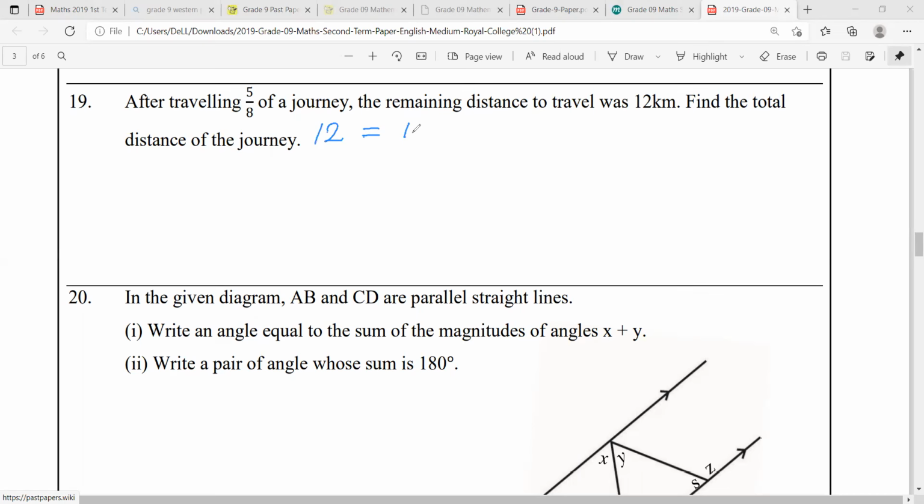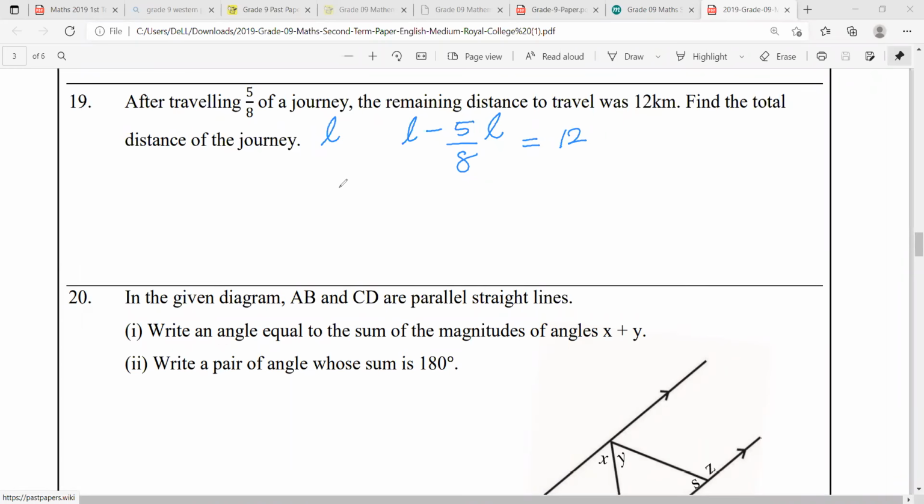Say the total distance is L, then we can say L minus 5 over 8 L. That means I subtract the distance that has already been traveled. This is equal to 12 kilometers.